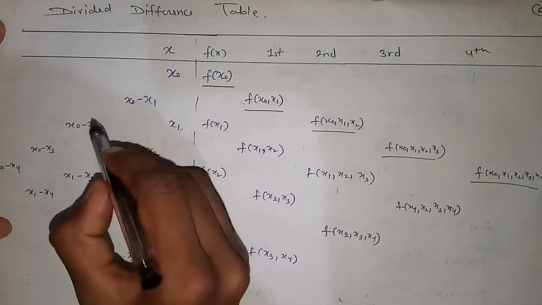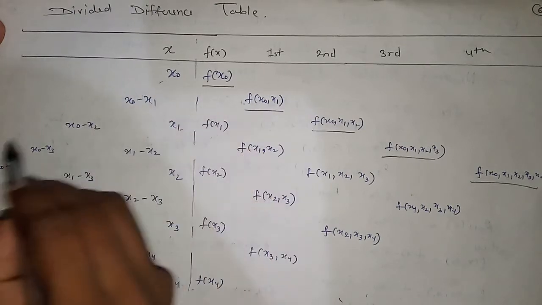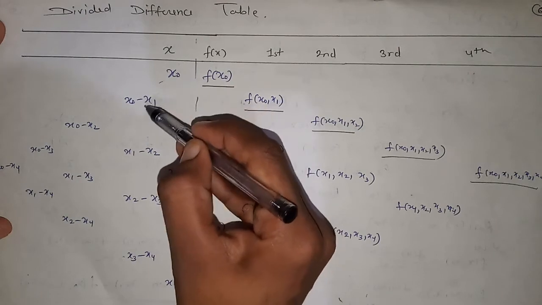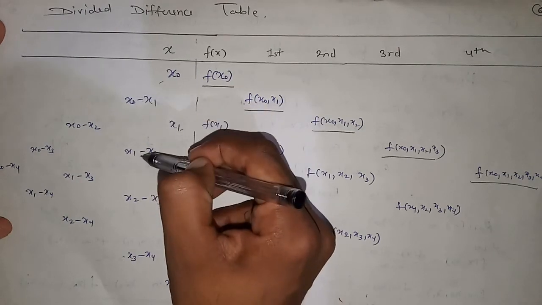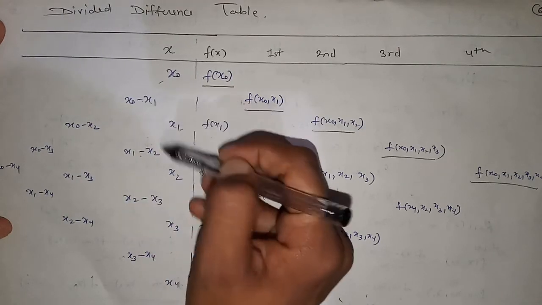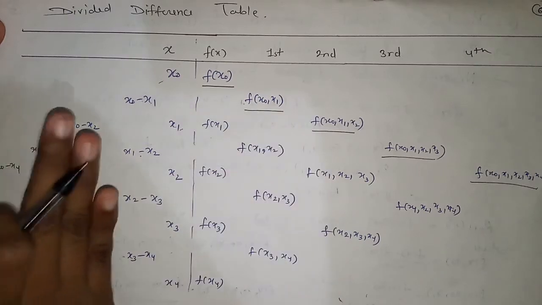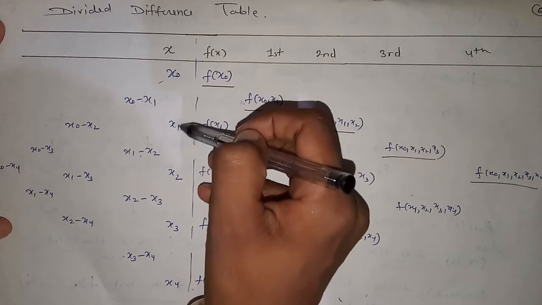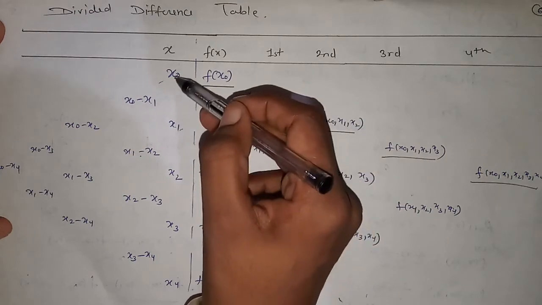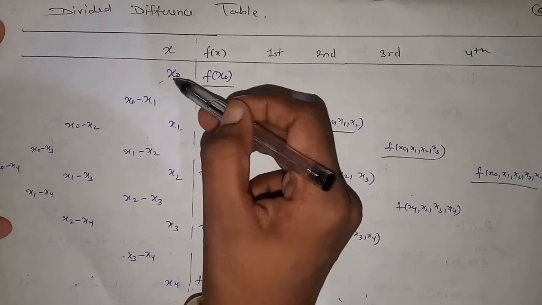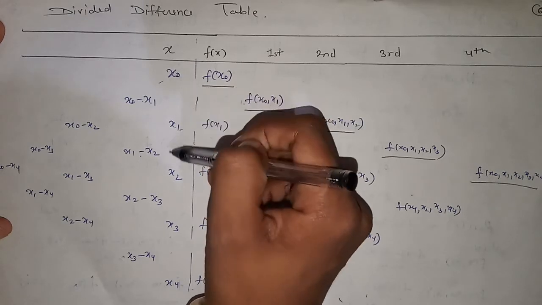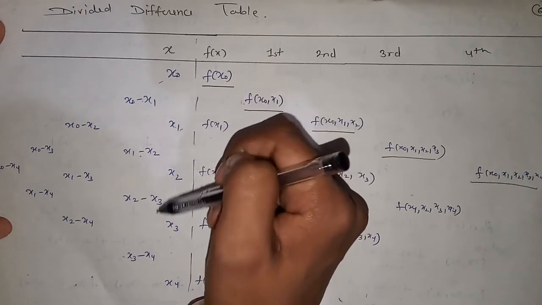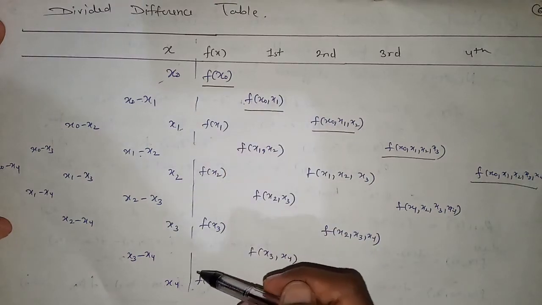Here if we see carefully, you will observe that this is a triangle. Here we will do subtraction, but we are not subtracting this minus this. Here we are subtracting x0 minus x2. So on the left hand side, we are subtracting x0 minus x1, x1 minus x2, that is, one by one, for every term: x0 minus x1, x1 minus x2, x2 minus x3, x3 minus x4.